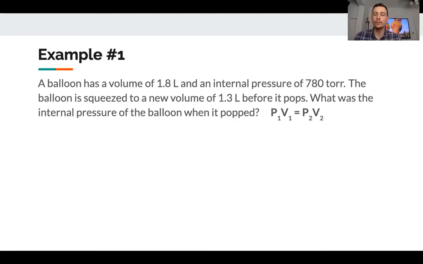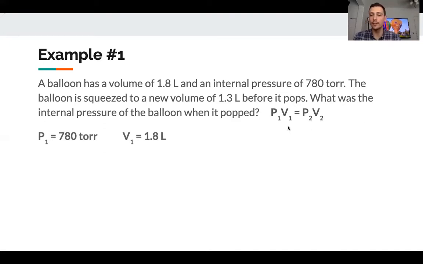So my initial pressure, if I read through here, it says a balloon has a volume of 1.8 liters and an initial pressure of 780 torr. So my P1 would be 780 torr. My V1 is that initial volume, being 1.8 liters here.